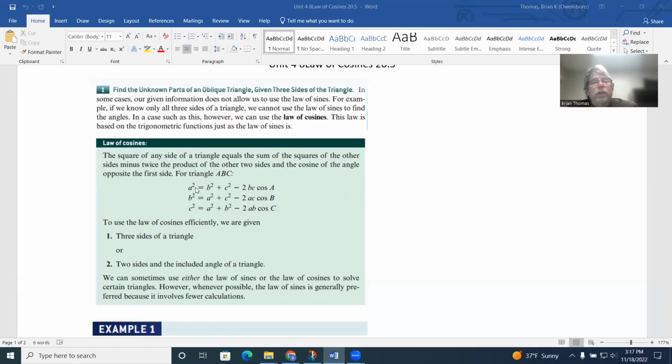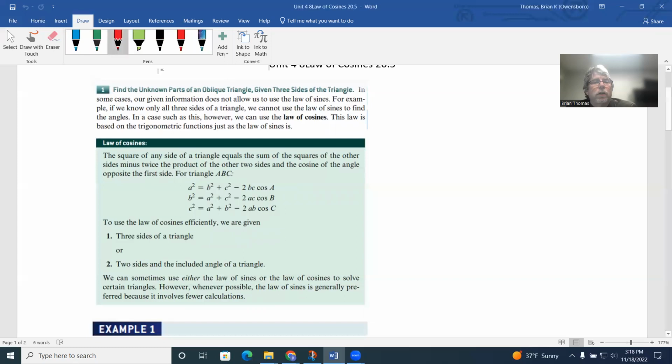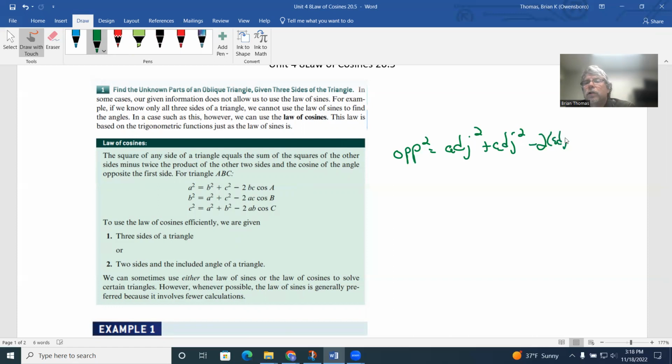It's a squared equals b squared plus c squared minus 2bc cosine of A. The way this translates for me, in some plain language, is the opposite squared is going to equal the adjacent squared plus the adjacent squared minus 2 times the adjacent times the adjacent times the cosine of the opposite angle.